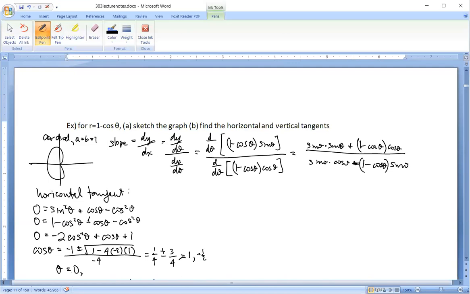The reference angle is pi over 3, but we want it in the second and third quadrants. 2 pi over 3, 4 pi over 3. So that tells us when we're going to be at our horizontal tangents. What about the vertical tangents?